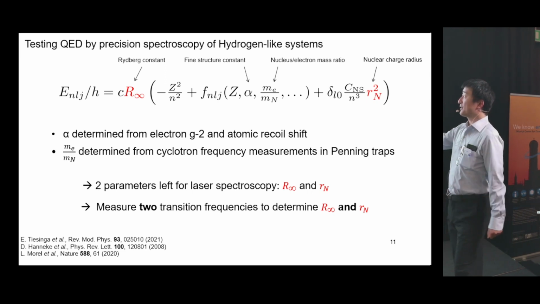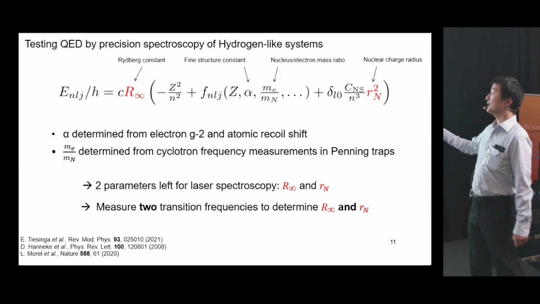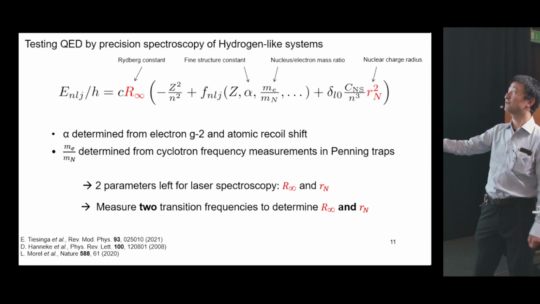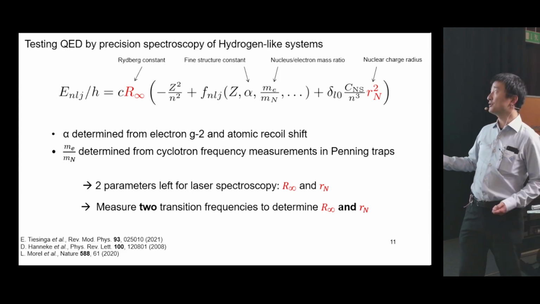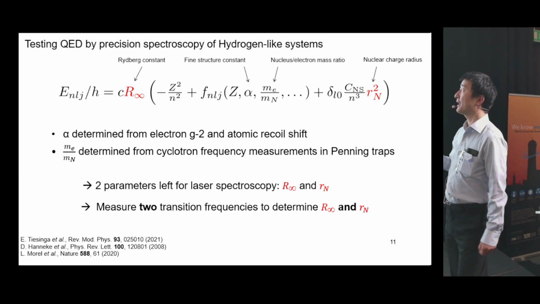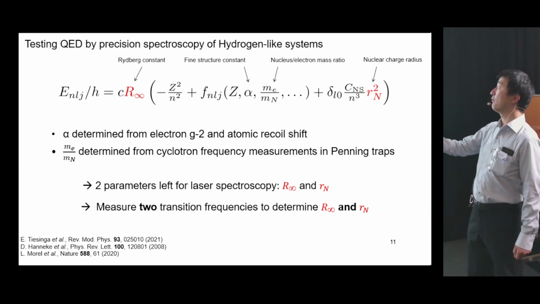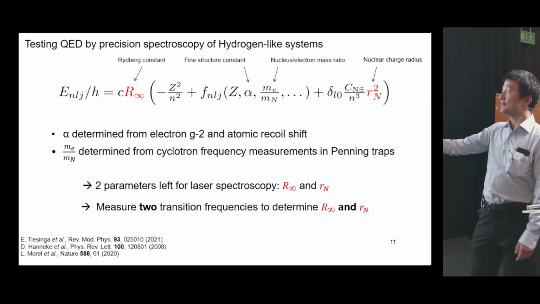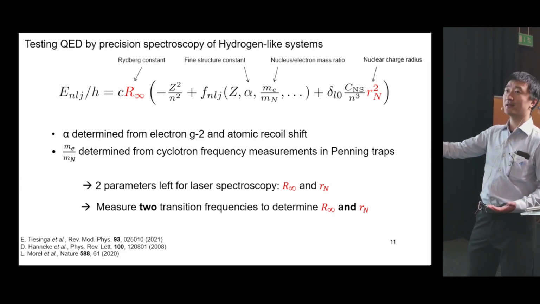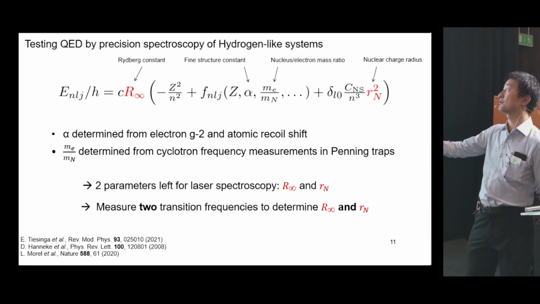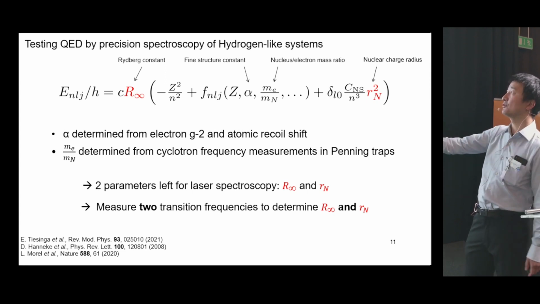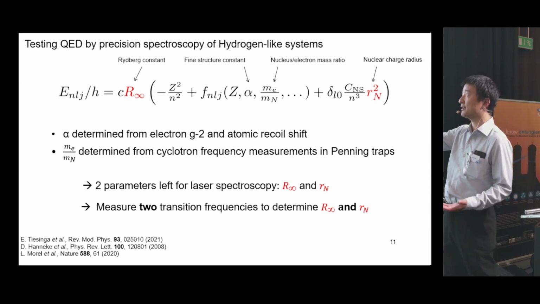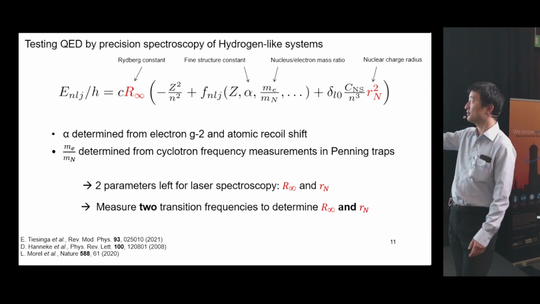By using this expression, we can calculate the transition frequency. That's a theoretical prediction from QED. But to do so, we have to put some parameters into this theory. I listed four parameters that we need to introduce to QED theory. One is the Rydberg constant. That's basically the proportionality factor to convert the atomic unit to the SI unit. On the left-hand side, we want to measure the transition frequency in the SI unit, so we need some conversion factor here.